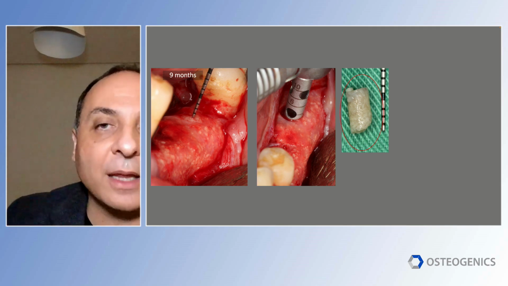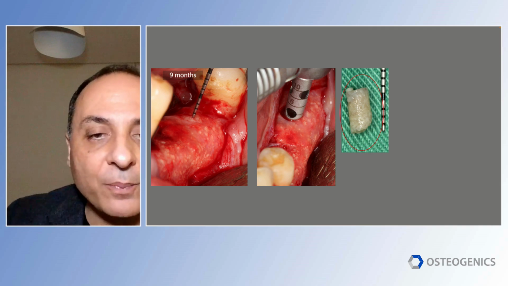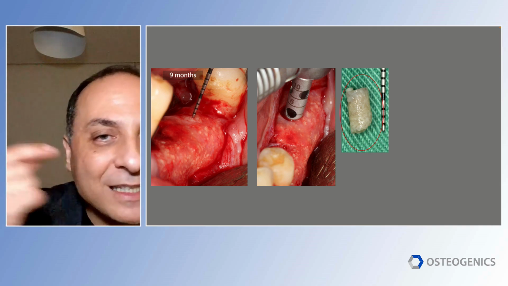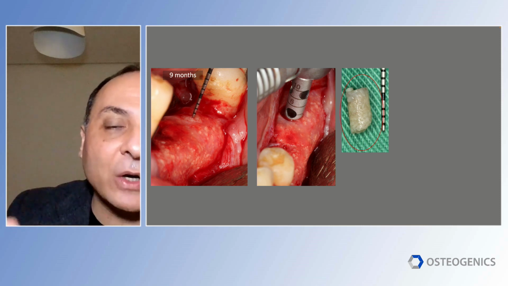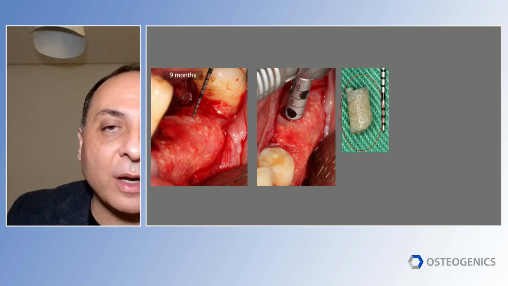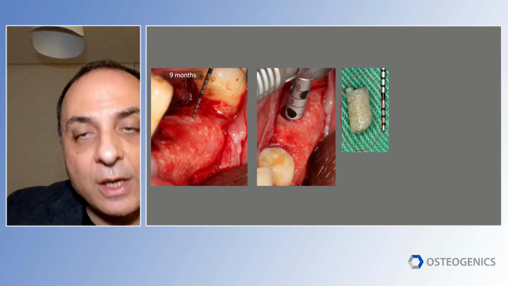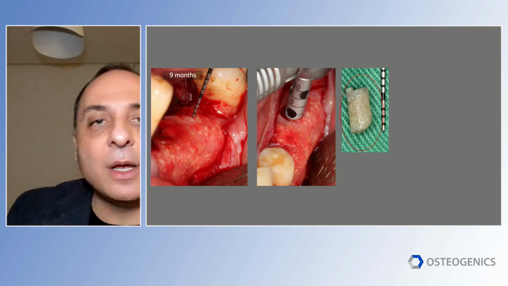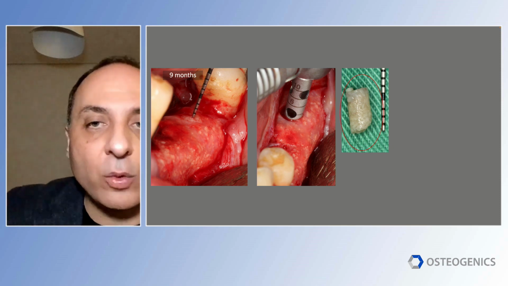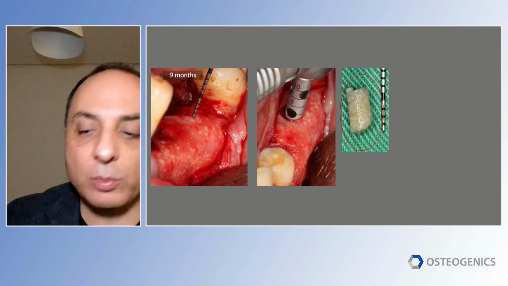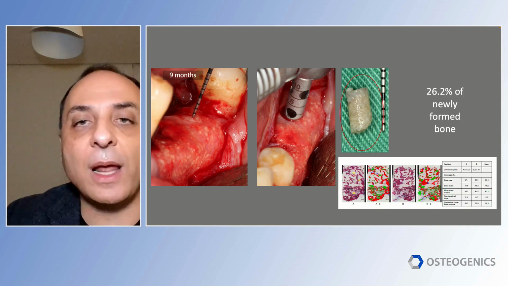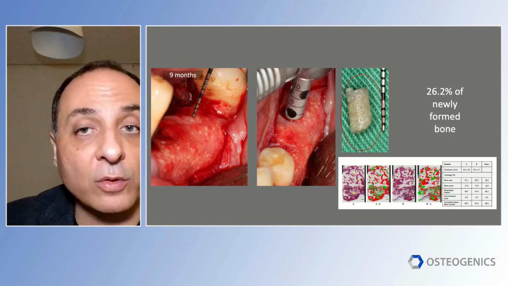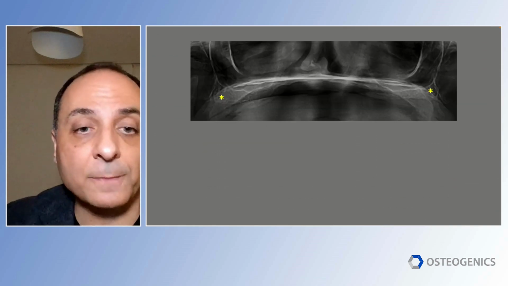You don't need to send the core to the lab, because most of the time with sinuses, for example, you take a core biopsy sideways, you don't dare removing the bone from inside the trephine, because everything will disperse, everything will be detached. But when you have it in one piece, that means that your bone graft is successful. And in this case, I've sent it to the lab. We have a 26% of newly formed bone, which is great.